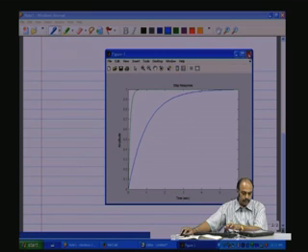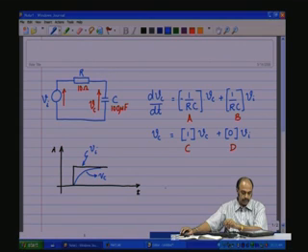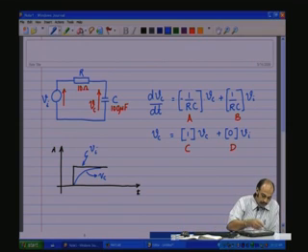So, it is all right, no problem. Okay. We now go to the next part, which is the next domain, which is the frequency domain.